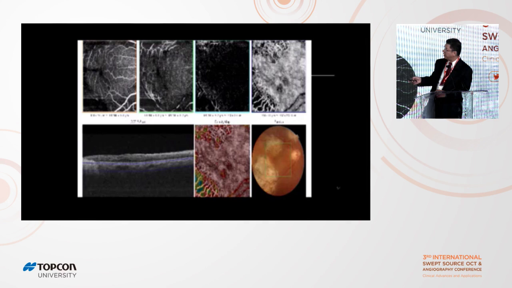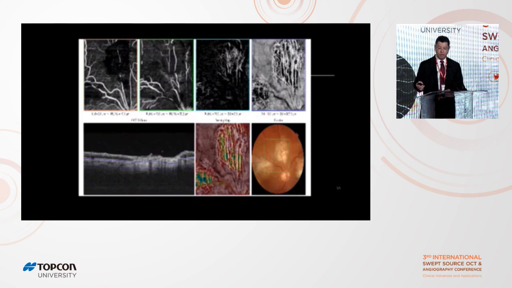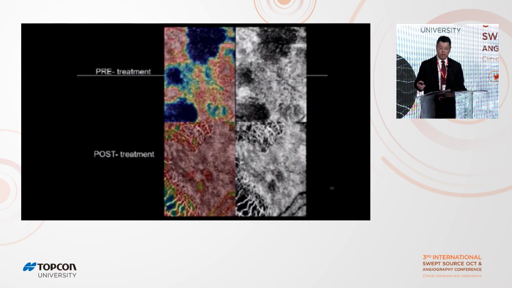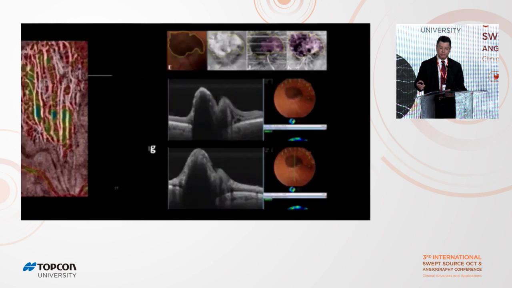So there is not a lot of vascularity that we can see before therapy in these tumors. They tend to be hyperreflective, but then after the treatment, we can see a lot of vessels, large vessels of the choroid, and we can see some more examples here before and after treatment.